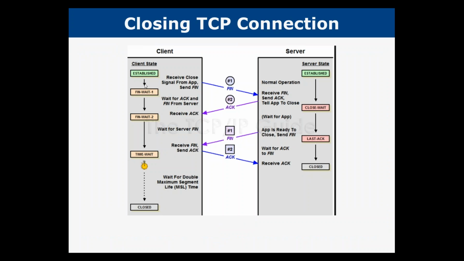This is again the three-way handshake. Well, this is closing a TCP connection. We receive a close, and one of them sends a FIN. The other receives the FIN and acknowledges it.